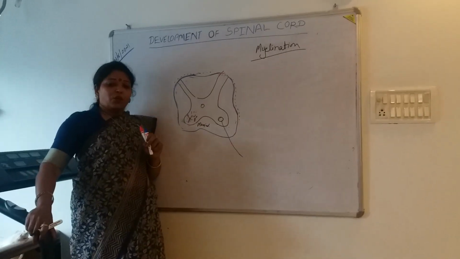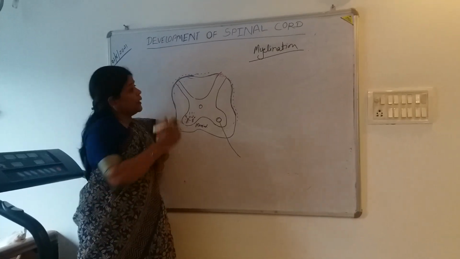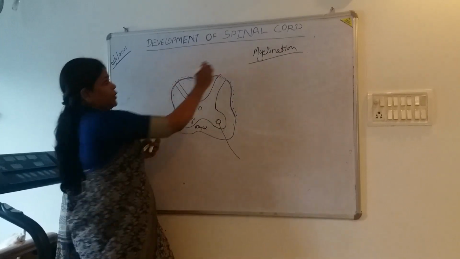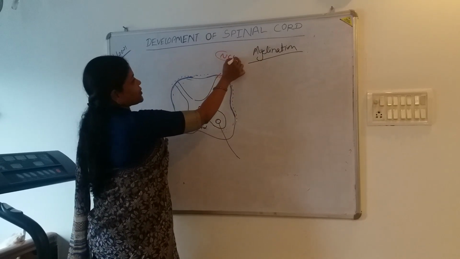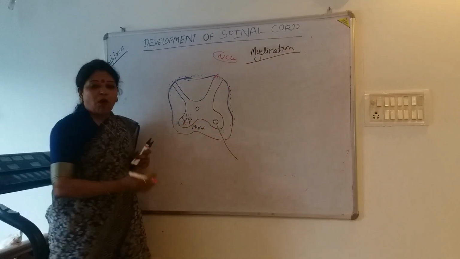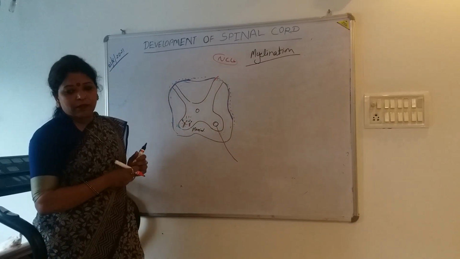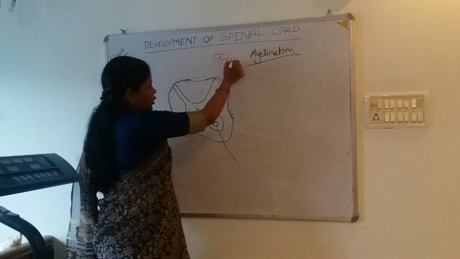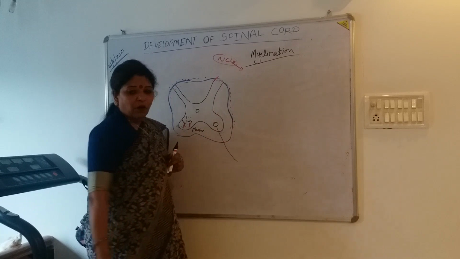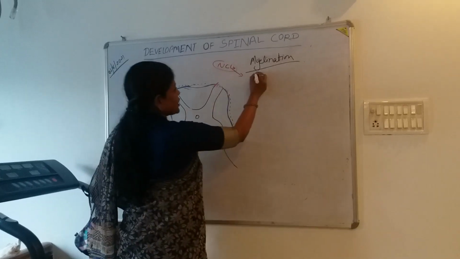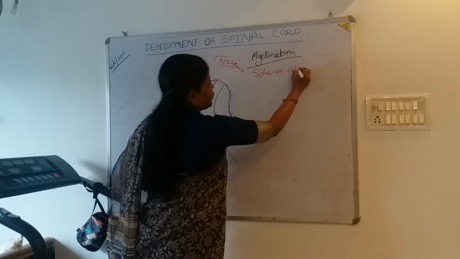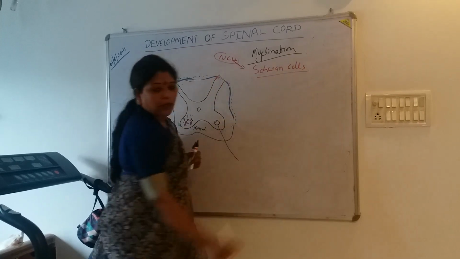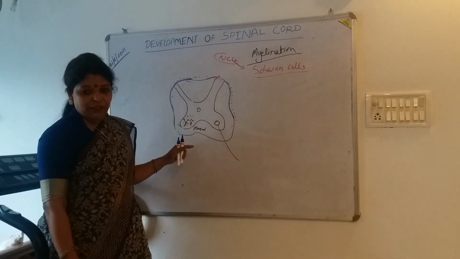So what you will know then, the neural crest cells give origin to another cell, that is the Schwann cells. You remembered this in the previous class. A very important point that we are discussing here. It is very important for the objective viva also.